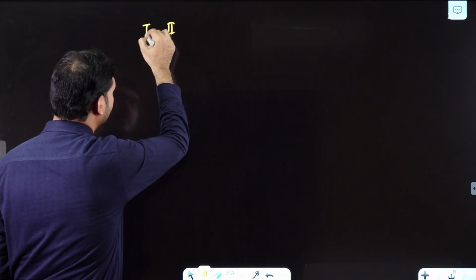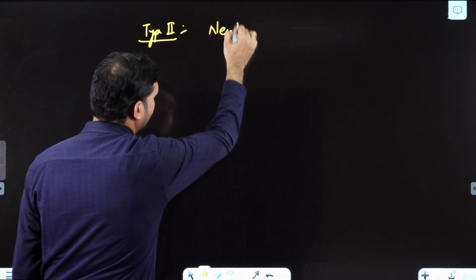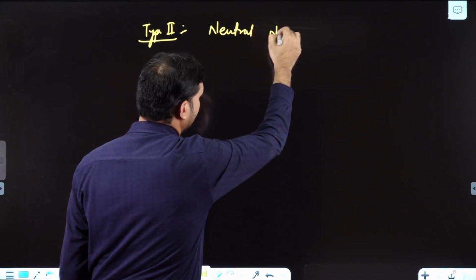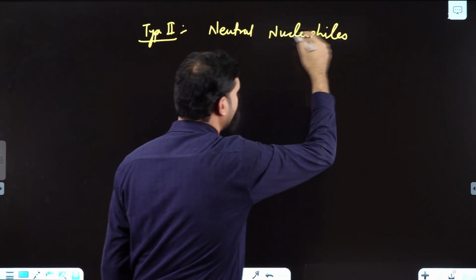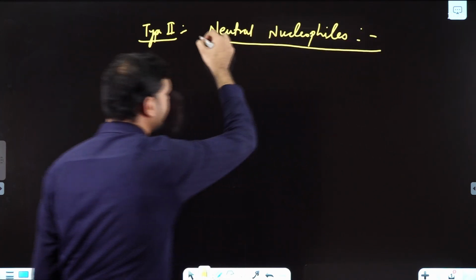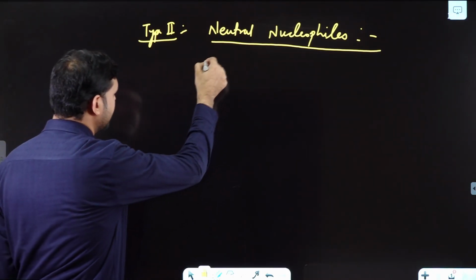Second type, type 2. Neutral nucleophiles. Okay. Now what are neutral nucleophiles? They are having lone pairs.